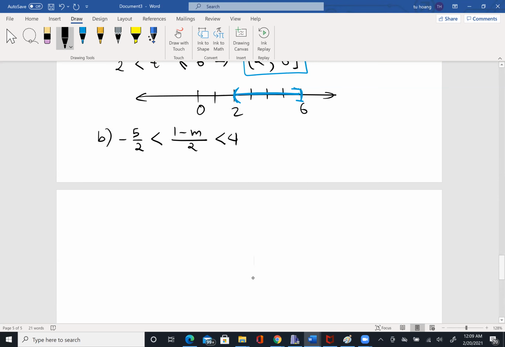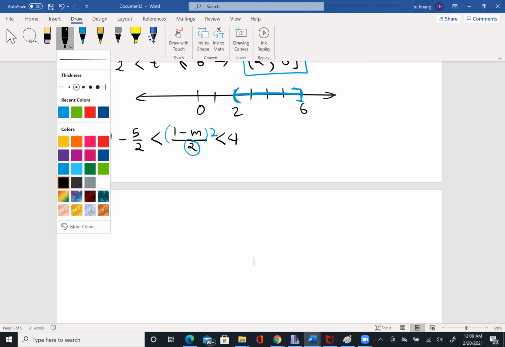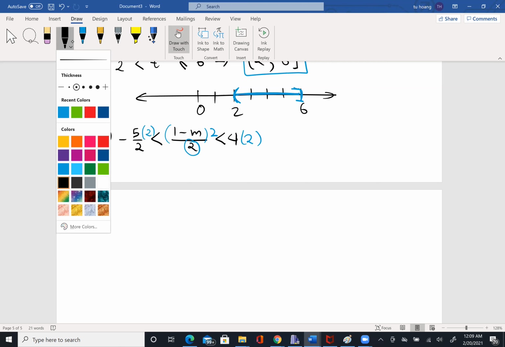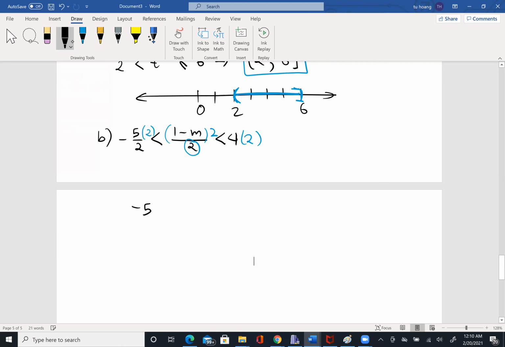Now I would like to take away this number 2. What should I do? I should multiply by 2 for this middle term, so you have to multiply by 2 for the left part and the right part also. Now the left one is going to be negative 5 because this 2 cancels with this 2, then less than 1 minus m, and less than 4 times 2, which is 8.